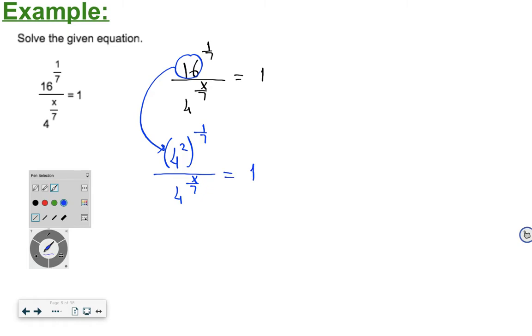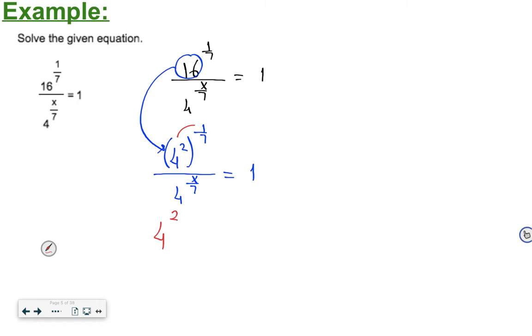Not yet. Let's continue. If you take the power of a power, how can I combine this? You should multiply. Let me multiply. 4 to the power 2 over 7, because 2 times 1/7 is equal to 2 over 7, over 4 to the power x over 7 is equal to 1.